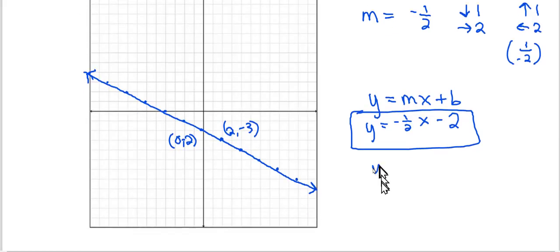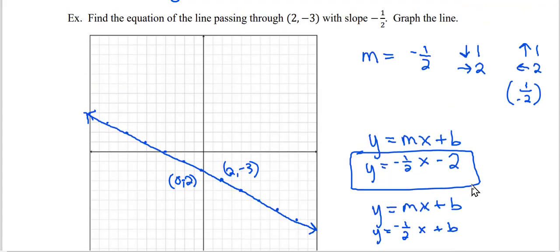Okay, let's go here. y equals mx plus b is the slope-intercept form. This is one way to write the equation of a line. We know the slope is negative 1/2, so I'm going to put that in. The only thing I still need to write the equation of this line is the b. If I didn't have this graph, I wouldn't have that, so I want to figure that out. What I know about this equation is that every point on the line has to satisfy it.